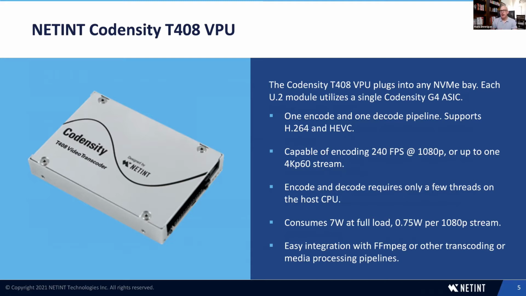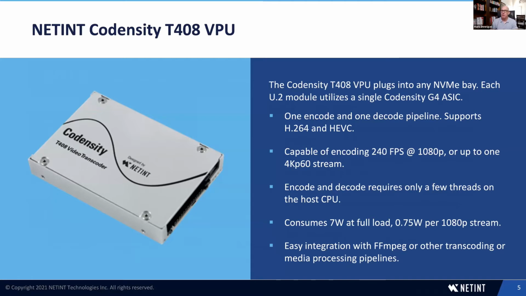What's beautiful about how we design this is that the host CPU load is extremely low. There's just really a few threads, and I purposefully wrote a few. That's not like a few means 10. That's literally a few. 2 or 3, maybe 4 threads are required at most on the host CPU, and you're going to see in some of the data here in a few minutes what that looks like.